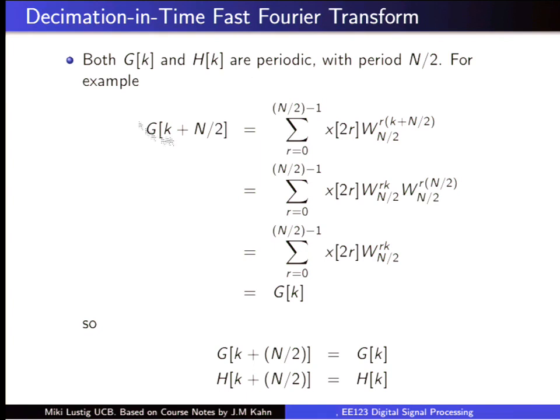So if I add that, you can see that it's exactly the same. DFT sequences are periodic with n over 2. So this is exactly the same as this, and this is exactly the same as this. That's great.